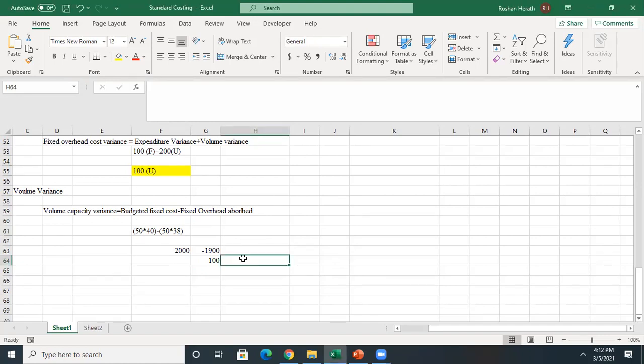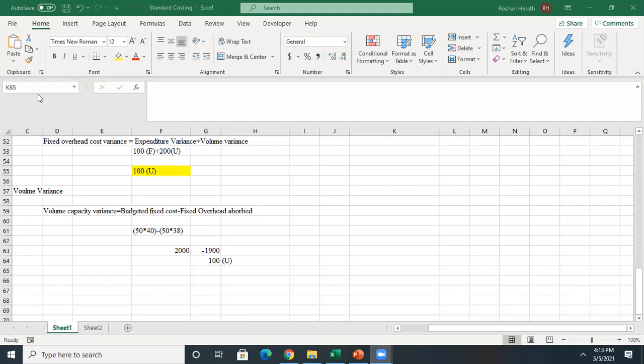That's how you must interpret. You plan for 40 hours, the budgeted fixed cost. You planned for 40 hours, but you eventually ended up working 38 hours.